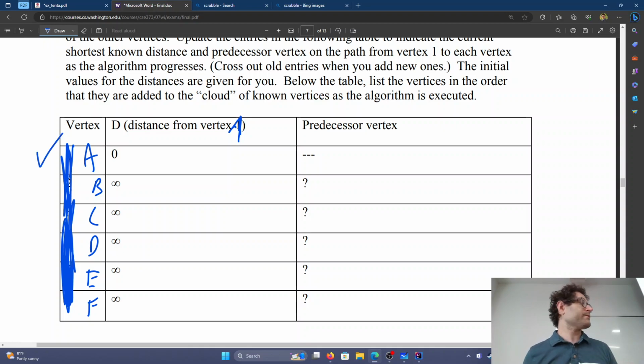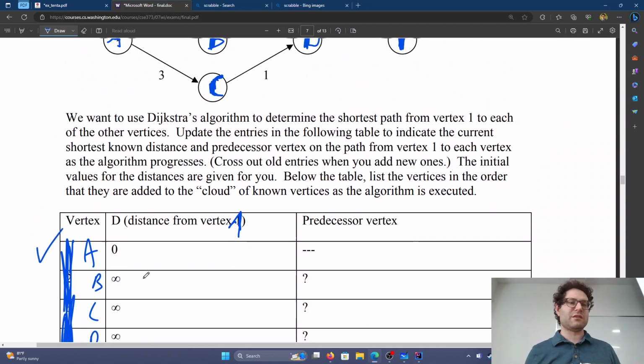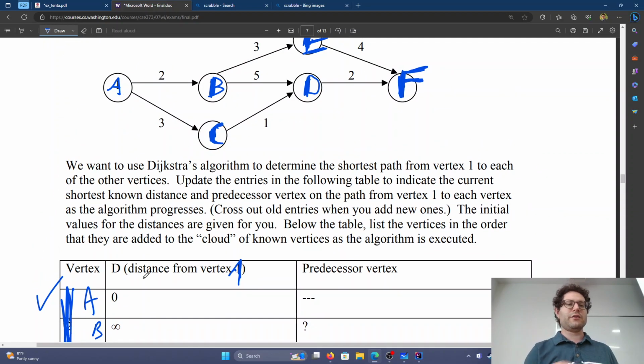That would be A. So we're going to remove A from our consideration, and now we look at the edges going out of A. From A to B, the cost is 2. Is 2 plus 0, the cost to get to A, cheaper than infinity? Yes, it is.